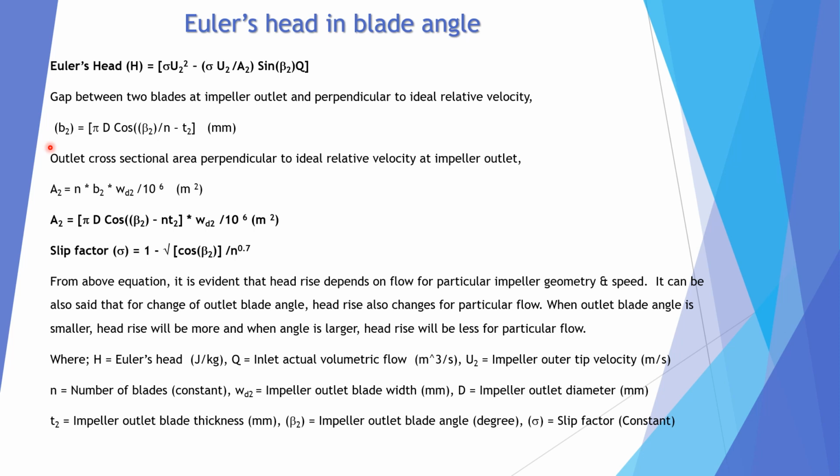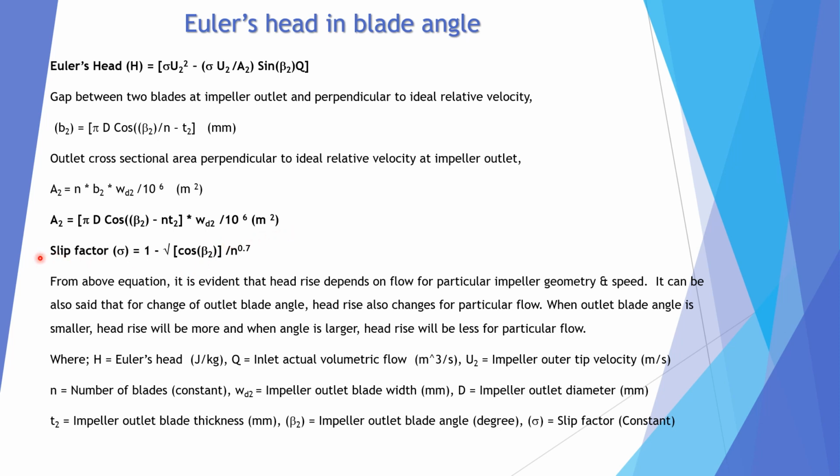Cross sectional area perpendicular to ideal relative velocity at impeller outlet A2 is equal to N into B2 into WD2 upon 10 to the power 6 in meter square. So further we can write A2, by replacing B2 with this, as pi D cos beta 2 minus NT2 bracket close into WD2 upon 10 to the power 6 meter square.